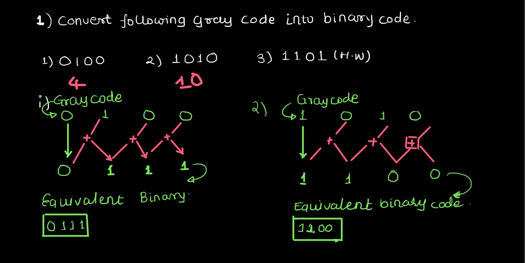Now this MSB bit is XORed with the next bit of the gray code, that is G2. 1 XORed with 0 will yield 1. 1 XORed with 1 will yield 0. 0 XORed with 0 will give 0. So the equivalent binary code of the 1010 gray code is 1100.